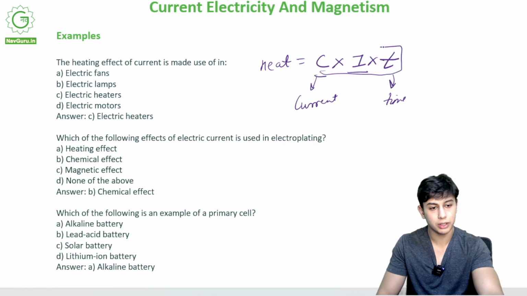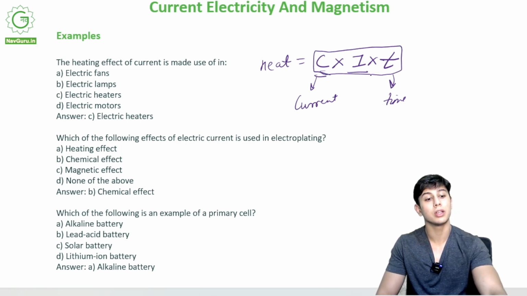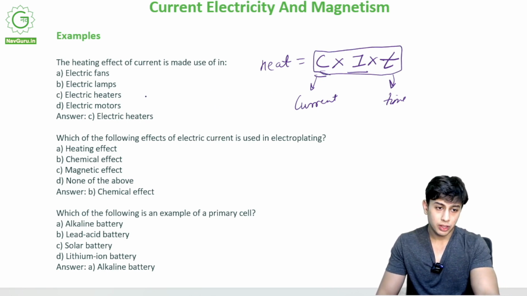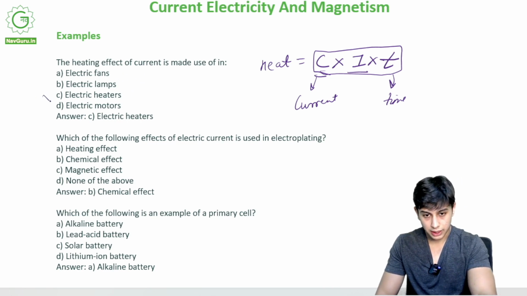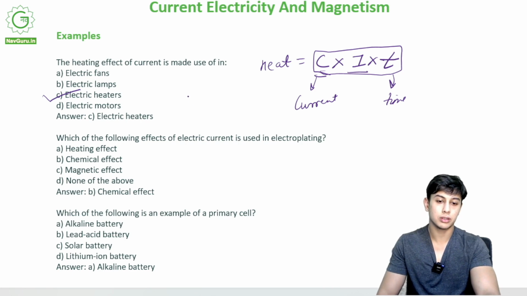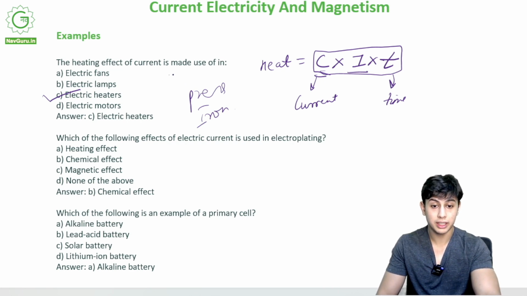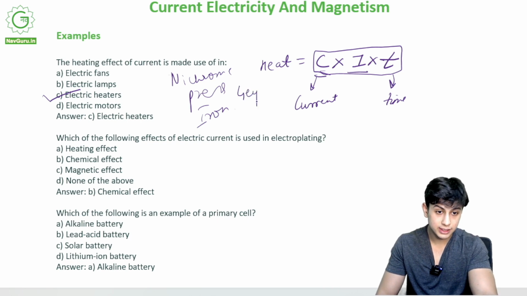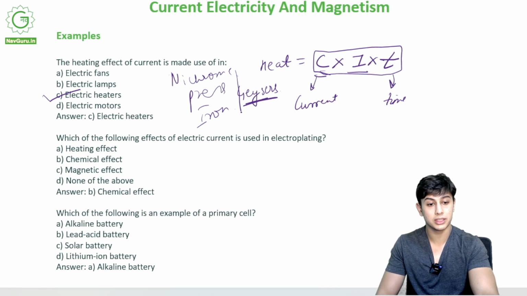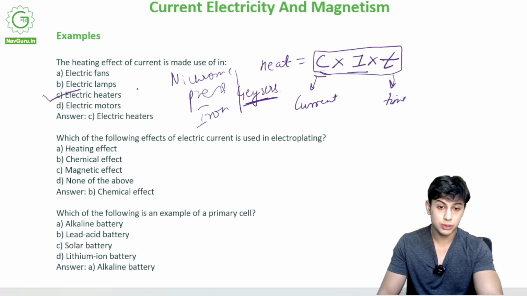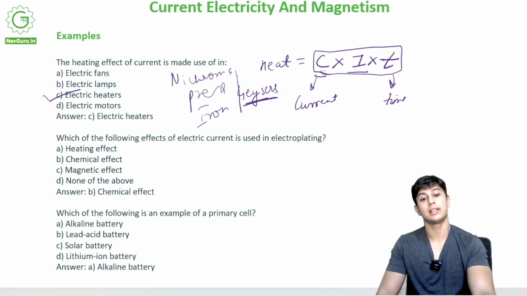If you go back to the lectures, you will be able to see this formula. Now electric fans, electric lamps, electric heaters, in your press, electric iron, electric heaters, nichrome wires, geysers during cold months, all these use the heating effect of electric current.